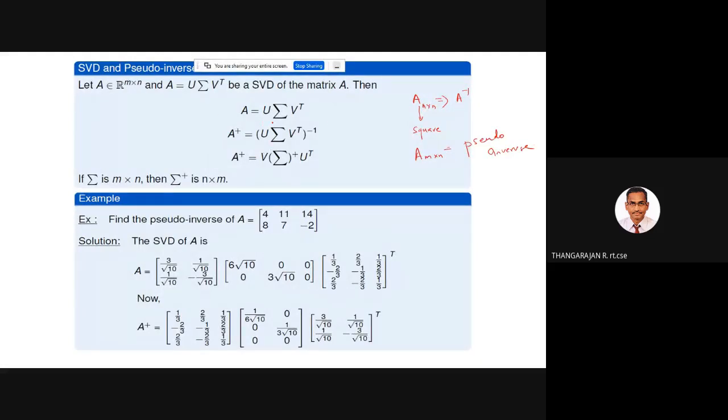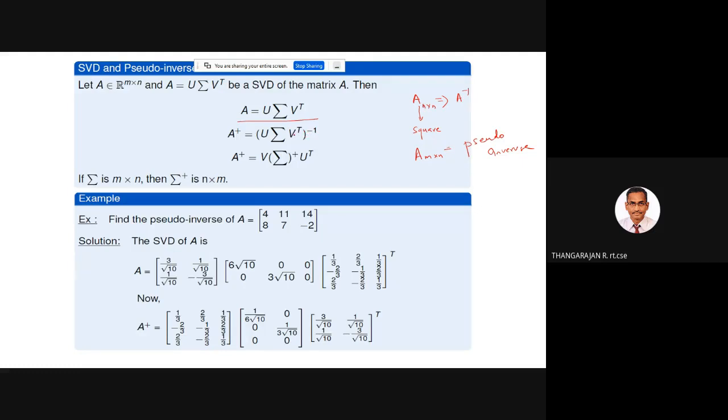So how do you find the pseudo inverse? That's a small derivation. You know that A can be decomposed into U sigma V transpose. Now you take the inverse of this. So A inverse is equal to the inverse of this whole.